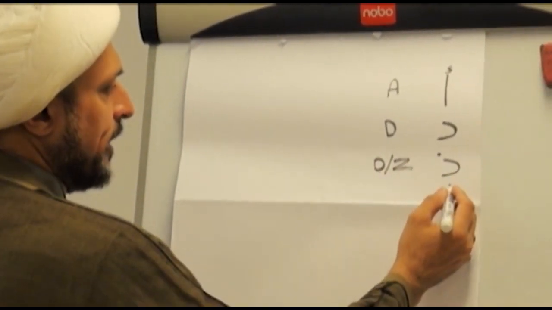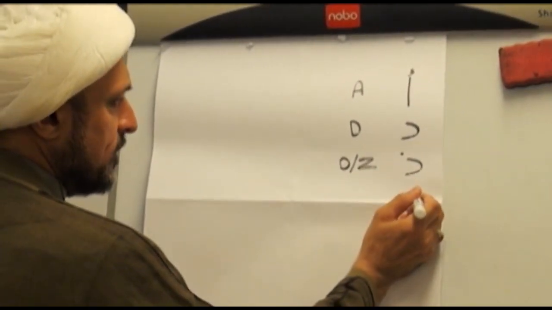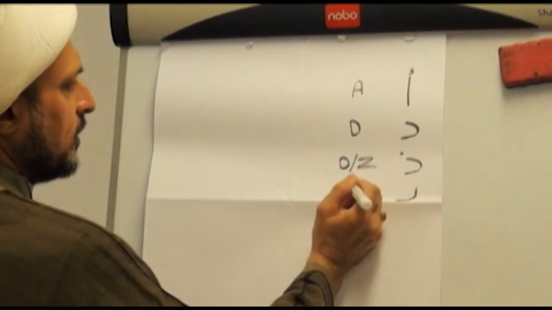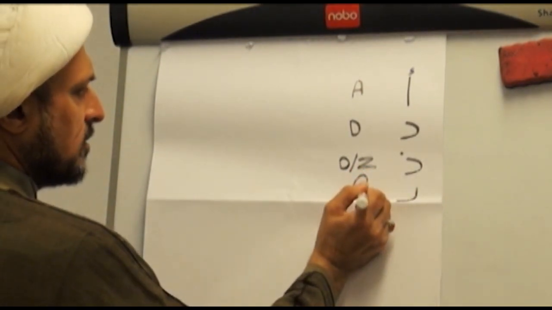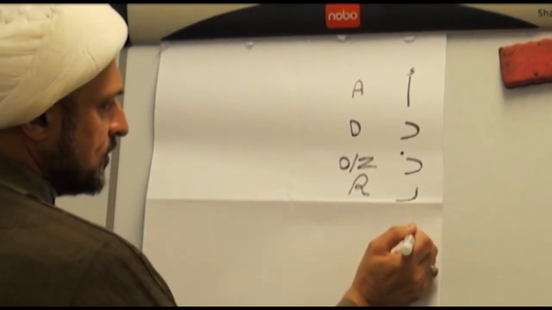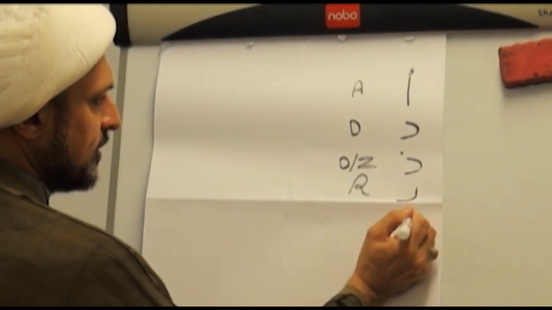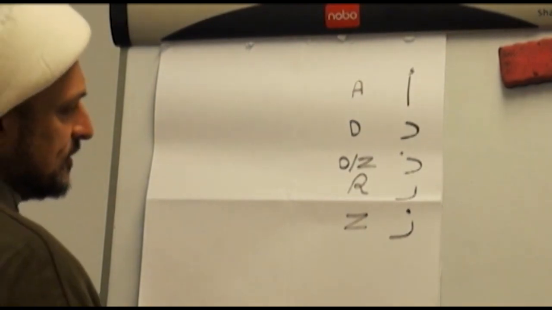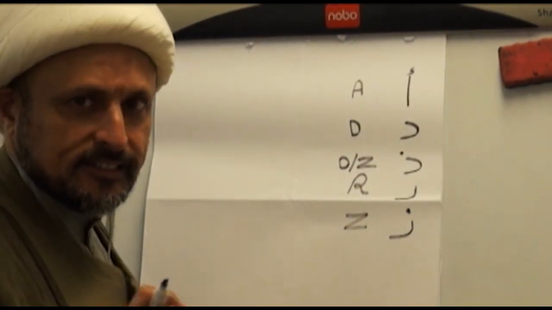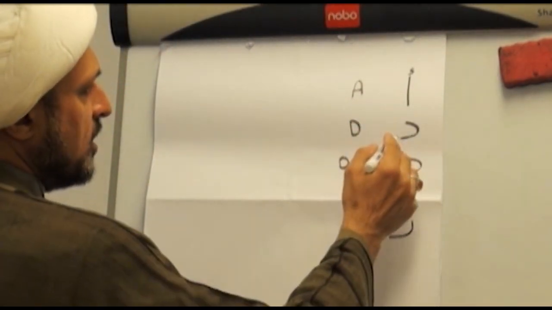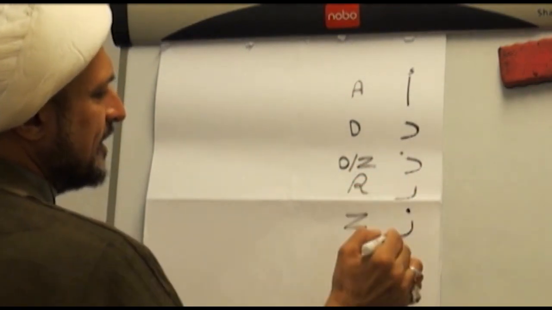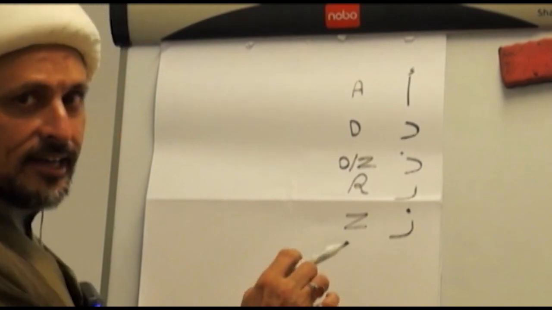And then we have this easy one, ra. And then we have za, which is Z in English, somehow close to it. So we have a, da, dhal, ra, za.